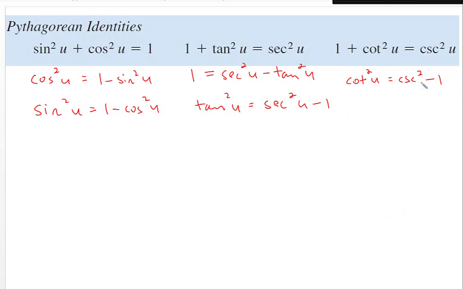Cosecant squared minus 1, or we can have 1 is equal to cosecant squared u minus cotangent squared u. Okay. So these are the Pythagorean identities. Make sure that these values are always squared. Okay, if they're not squared, then they're not Pythagorean identities.